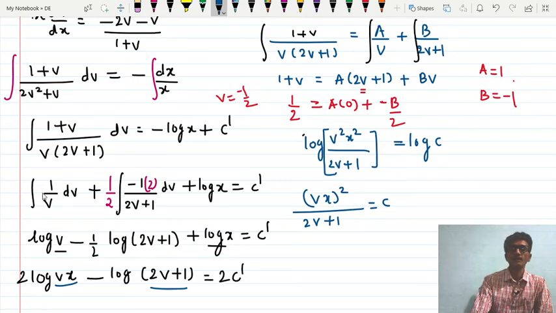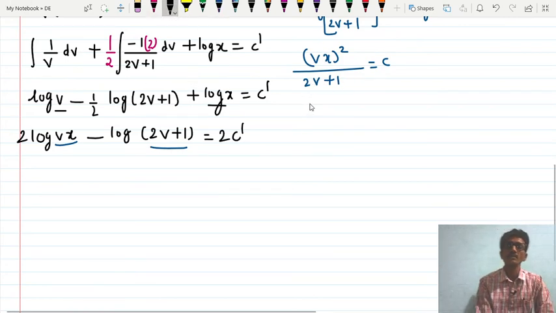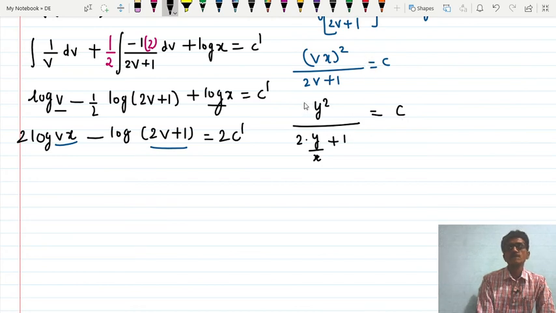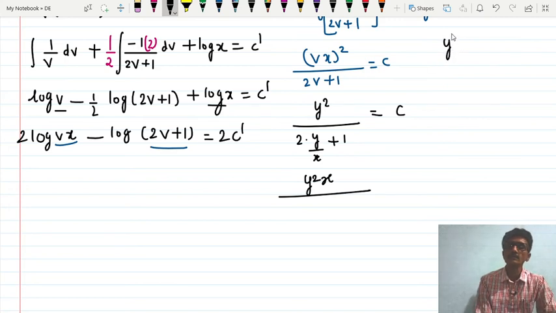Therefore we'll be writing here, y is equal to vx, so vx is y, so y square upon 2 times y upon x plus 1 is equal to c, and it will be y square x upon 2y plus x is equal to c.